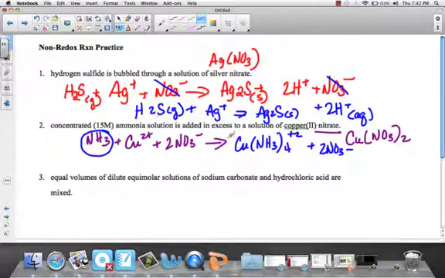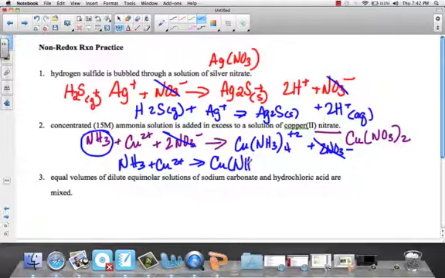So what's going to cancel is this, and our net reaction is simply going to be the NH3 plus Cu2 plus yields the Cu(NH3)4 2 plus.